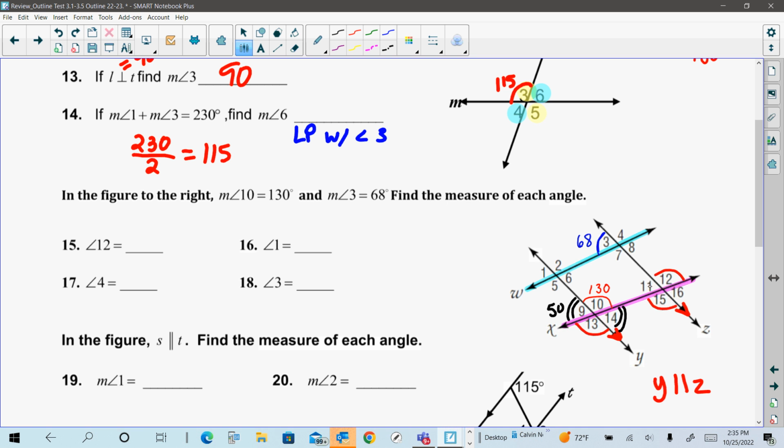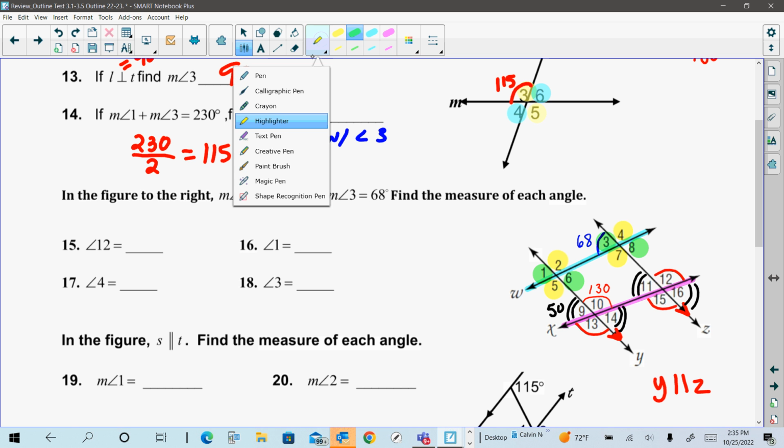Double arc, double arc, double arc. So you look for a pattern if you don't want to color code. If I was going to do color coding with highlighting, I would have 4 and 7 the same color, 2 and 5, and then I could do 1 and 6, 3 and 8. So either way would work.